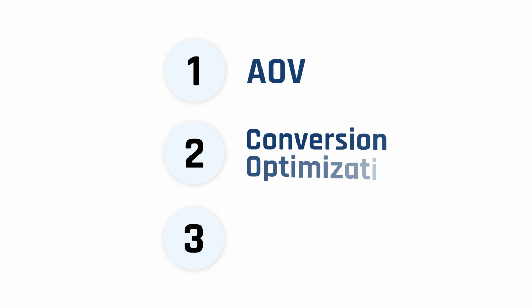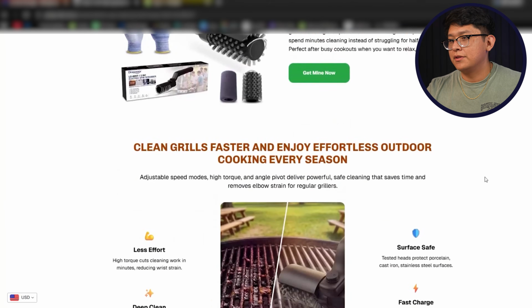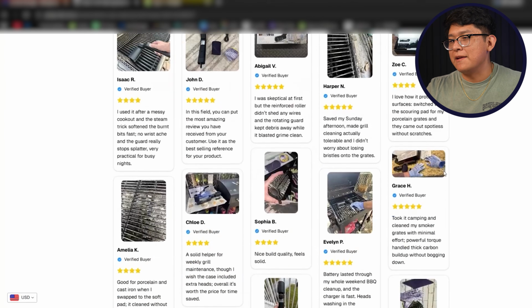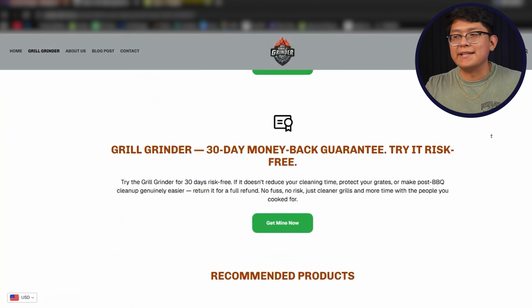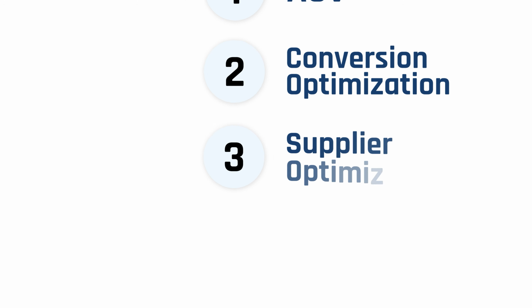Second is conversion optimization. Better stores, cleaner checkout, more trust, and a faster mobile experience. And third, supplier optimization. Once products are proven, you want to renegotiate your pricing. Real growth comes from extracting more value per customer, not just buying more traffic.